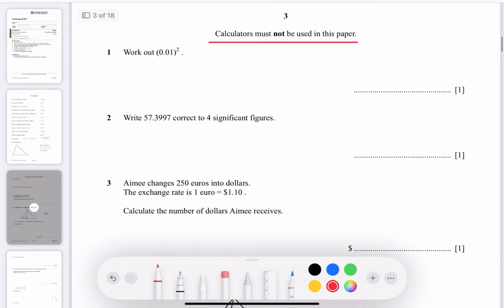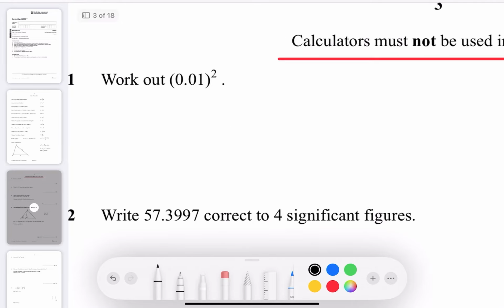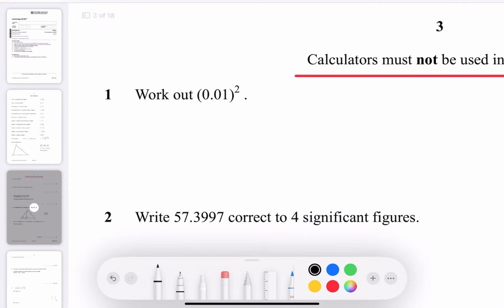Okay, so the first question, work out 0.01 squared. So the way I would do this is convert 0.01 to standard form, so something like this. So 1 times 10 to the power of -2, and then squared.